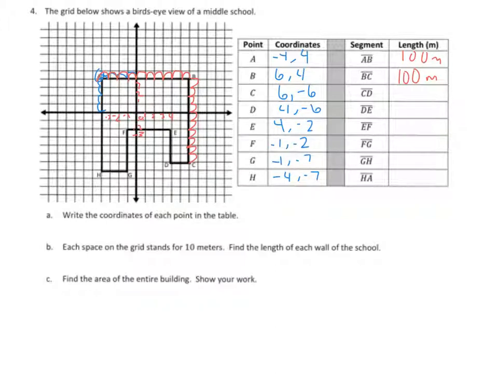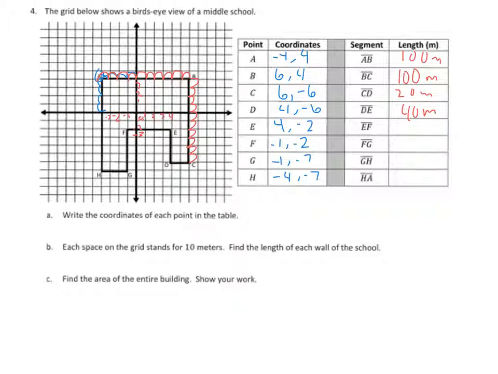Even if it's going downward, or even if it goes into the negative space down there, distance is never negative. It's always going to be positive. So you just count how many spaces there are and multiply it by 10 for this problem. CD covers 20 meters. DE covers 40 meters.